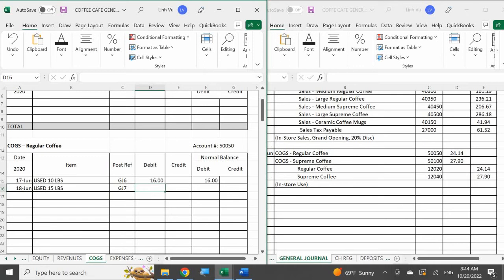Regular coffee, 24.14. So therefore, how much in grand total have I sold already? Or how much did it cost me to sell? Okay, we're looking at 40.14. 40.14, good.